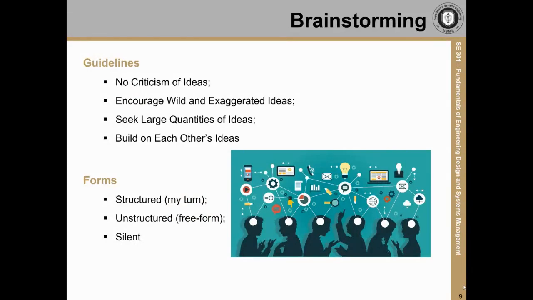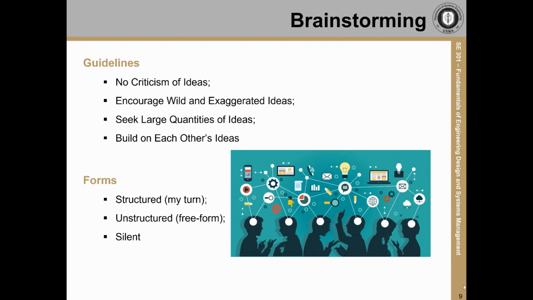You normally have a couple of people, you normally have someone leading it, and you bring in subject matter experts and just relevant people, and just talk and you come up with different ideas and you post them somewhere and you try to feed off each other and you kind of have that group dynamic going. You can have it structured, you can have it unstructured. And you can have it silent, where you don't talk at all. People are just writing things on boards.